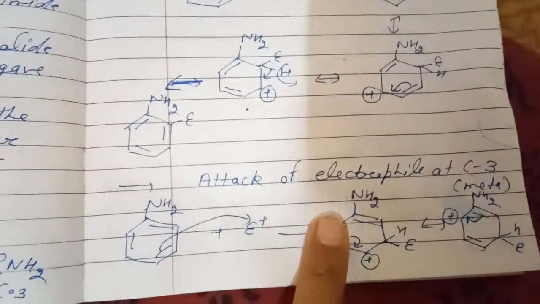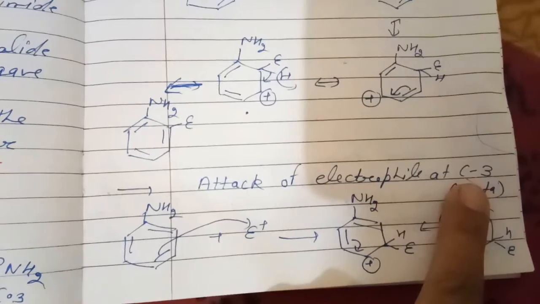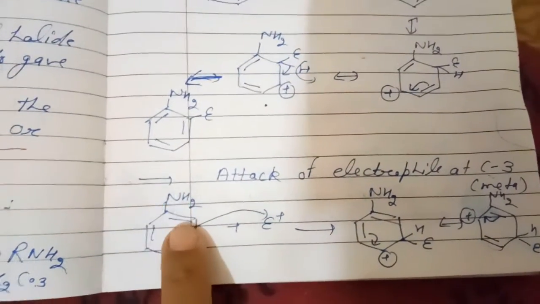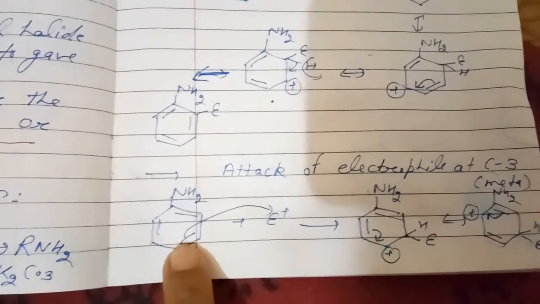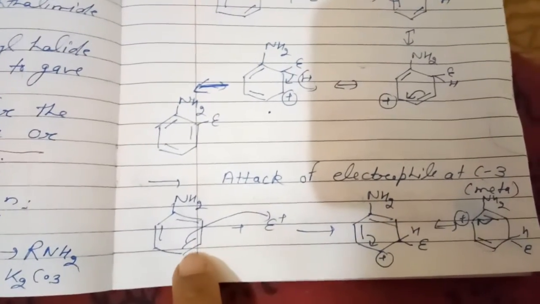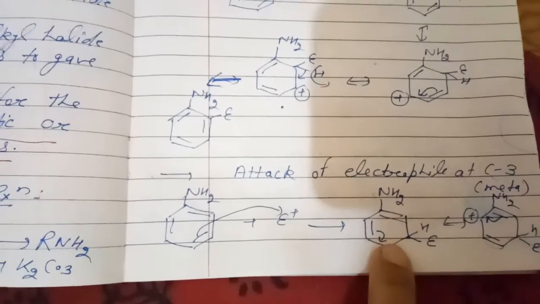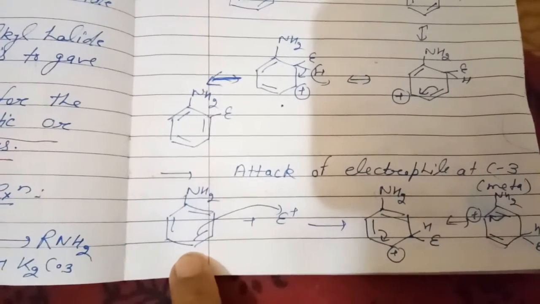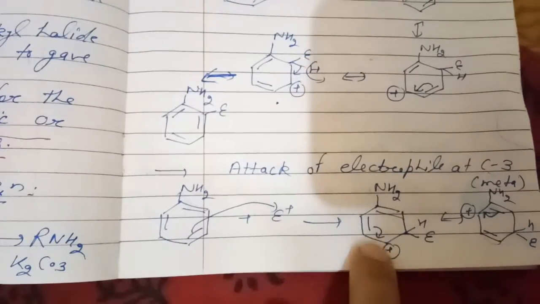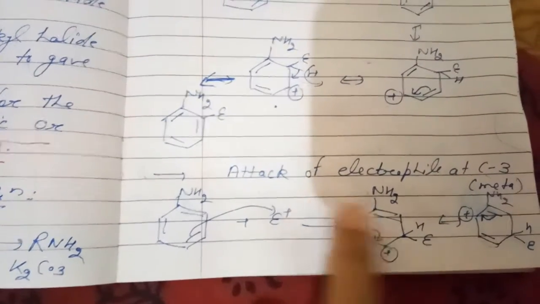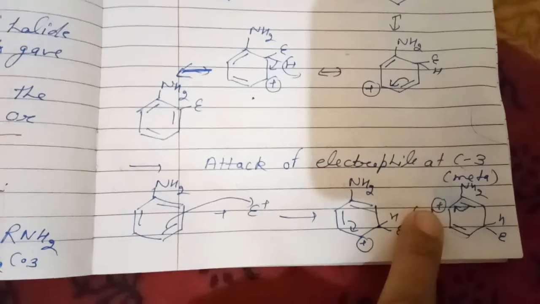Next we will consider the attack of an electrophile at C3, the meta position. This is the first position, second and third. This bond will be utilized by the electrophile, and it gets bonded to this carbon, the third position, and the positive charge will be created at this carbon. In the next resonating structure, this pair will shift here and a positive charge will be created here.